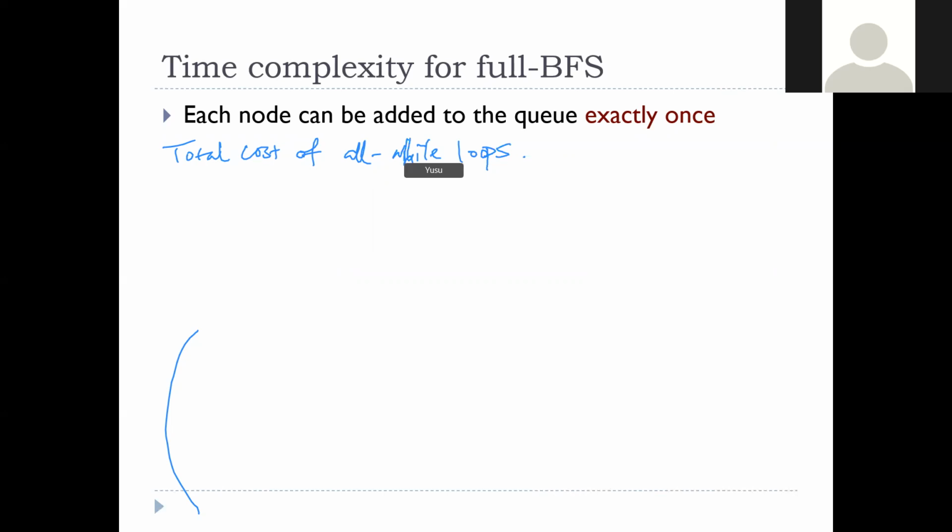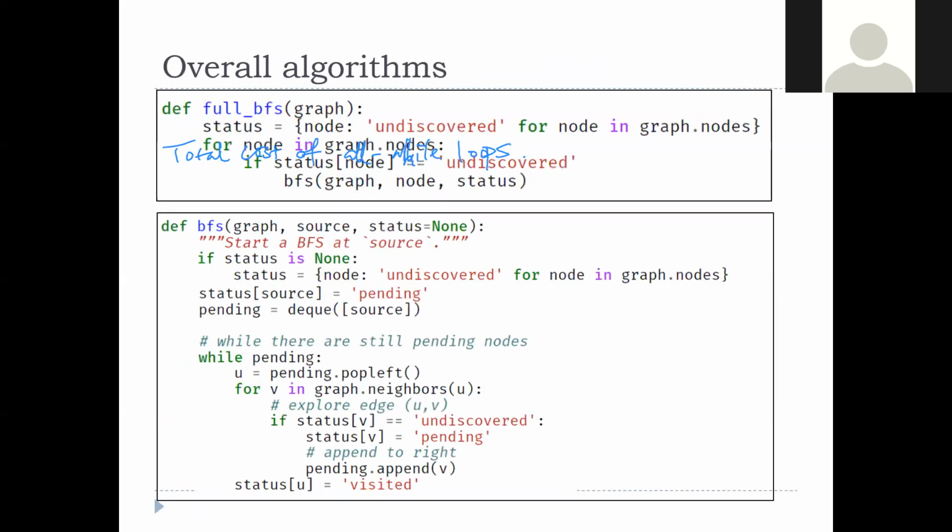Okay, so I first give the intuition and then I'll go a little bit more formal. What's the intuition? We look at the total cost of all the while loop. We notice that, number one, the total number of times depends on how many times we take some nodes from the pending list.